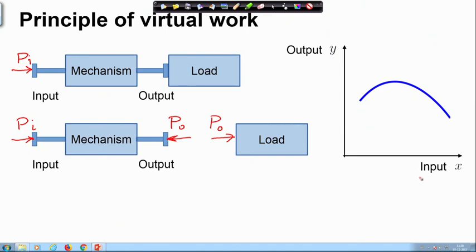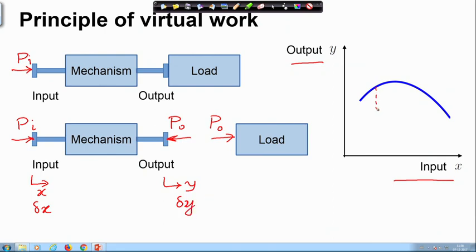Now, if I know the input output relation of this mechanism, which I have shown schematically in this figure, let us say input is x and output is y. With the forces fixed, because time is fixed, I have virtual displacements delta x and delta y.